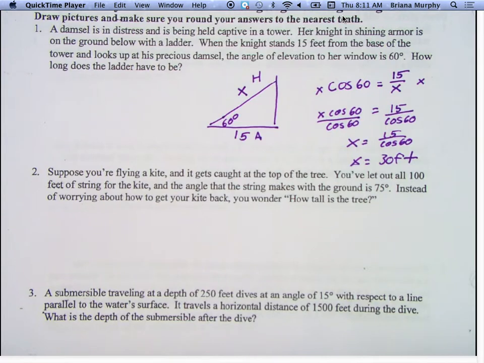Okay, if you have that and you feel pretty confident, go ahead and label it opposite, adjacent, or hypotenuse. And if you feel pretty good about that, pick sine, cosine, or tangent.